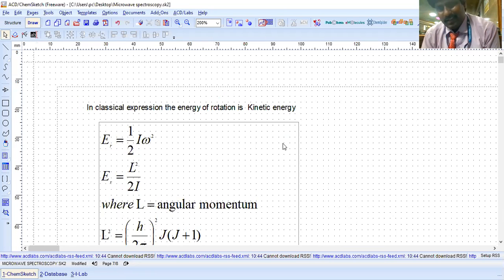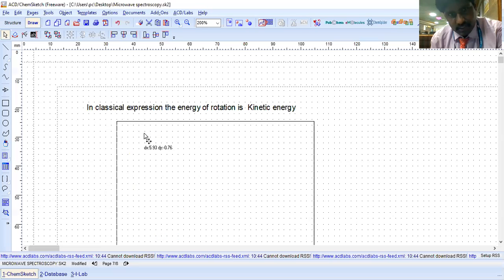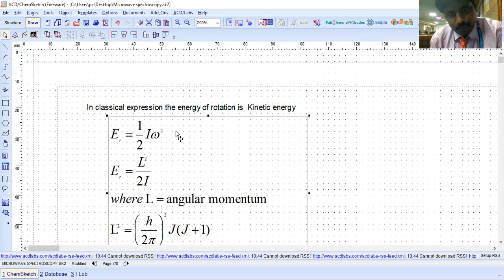Now, what is the formula for kinetic energy? Half mv square, we know already. Instead of m, we are taking I, that is moment of inertia, and omega, angular velocity, that is w. So now it is looking like half mv square. You see that this is the energy of the molecule, a kinetic energy.